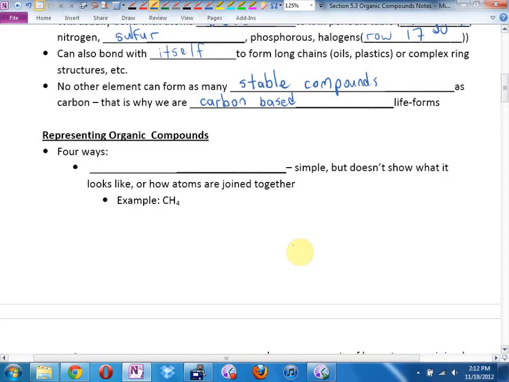Because organic compounds get so huge, they're very tough to visualize. We tend to represent them in certain ways. The first way is in what we call the molecular formula. This is the way we've been doing so far this year for most of our other stuff.